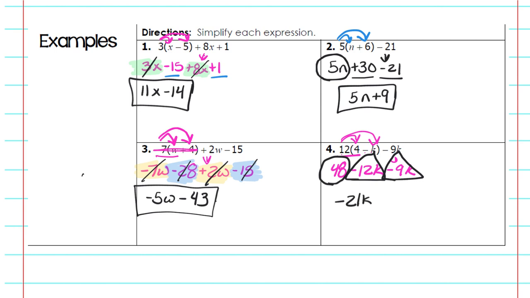Bring the k down. 48 is the only constant I have. Since there is no negative sign, I know it is positive, plus 48. That is that expression in its simplest terms.